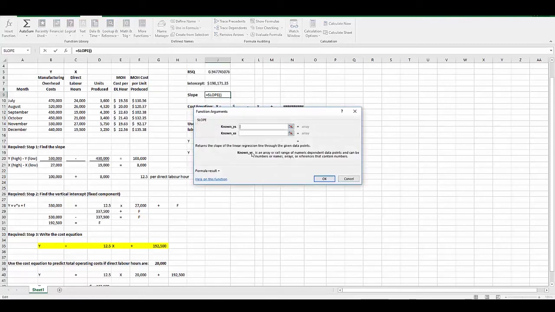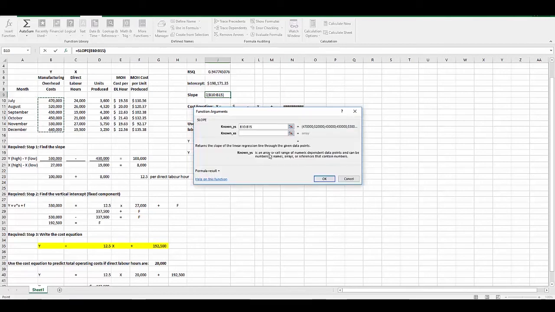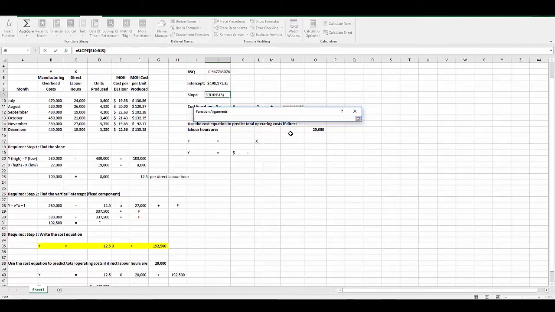Here we go. And just to confirm you select the right one, it'll show right here, slope. We'll select our Y, highlight, hit enter, and enter in our X's, direct labor hours.